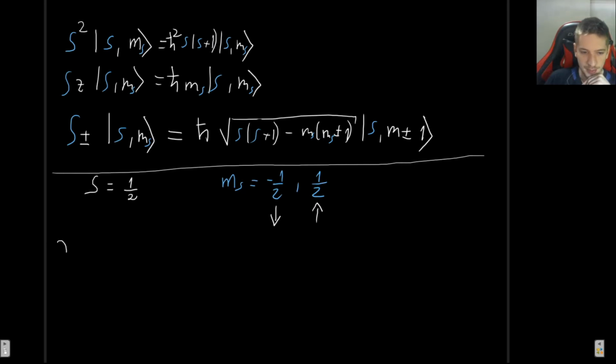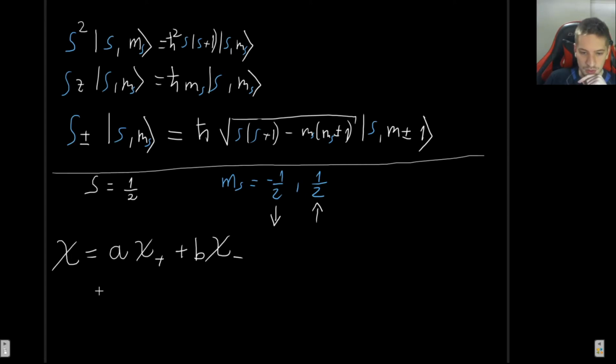Let's say we have some state that we denote like this, then there are only two possible combinations. So we are going to have some coefficient times one of the possibilities, let's say the one with positive spin, plus some other constant times the state that represents the one with negative spin.